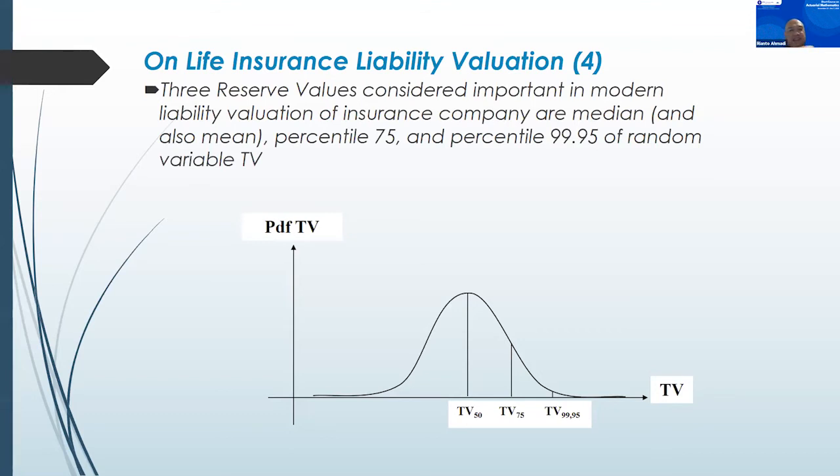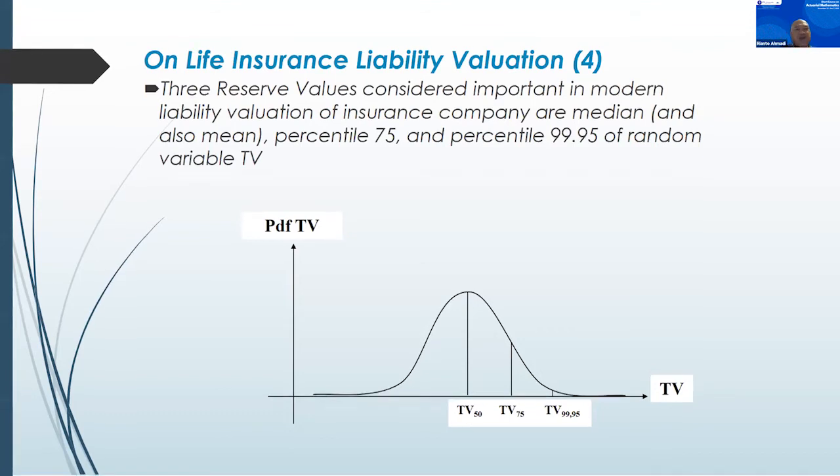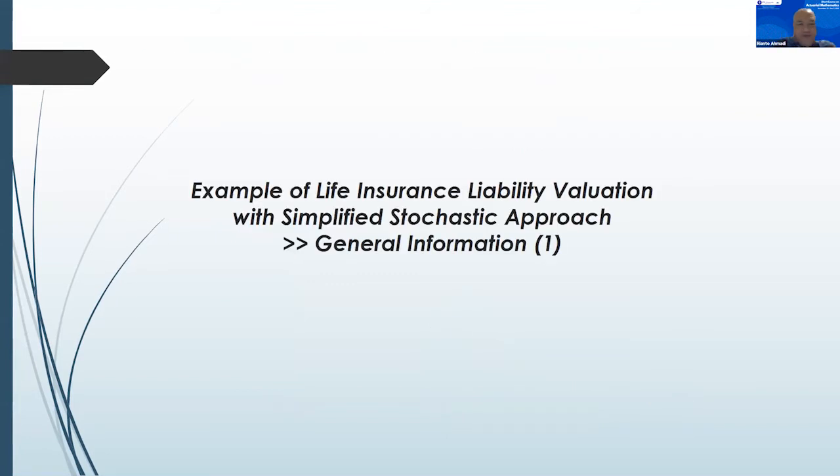Okay, so let's move to the next slide. We're going to look at the example now. And again, what I put here is generally a simple example. The goal here is basically to describe the liability as a stochastic concept.